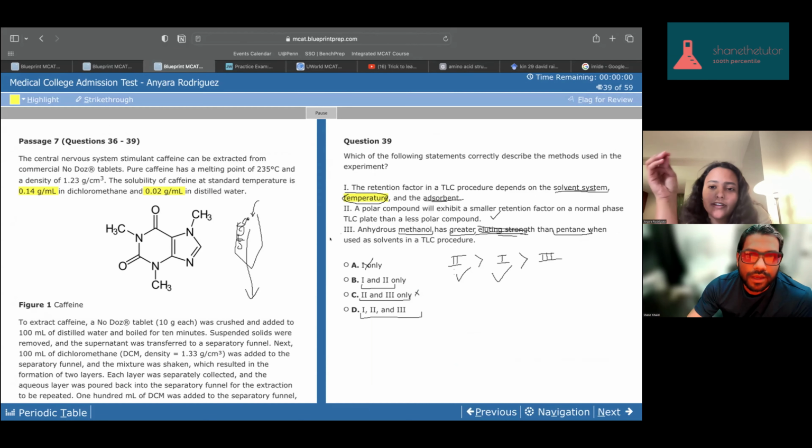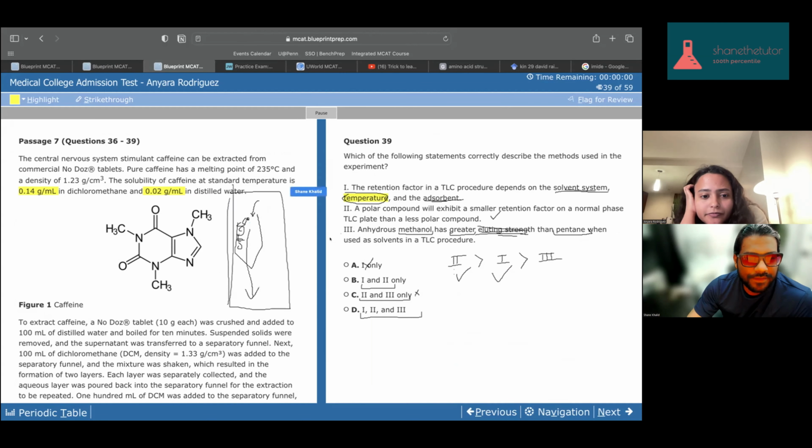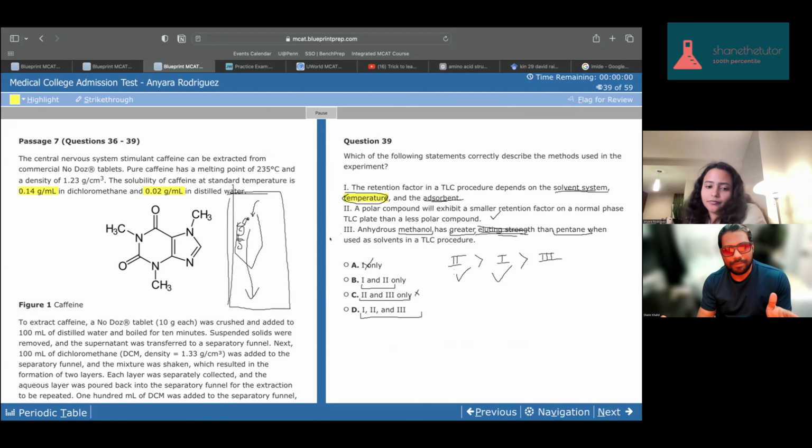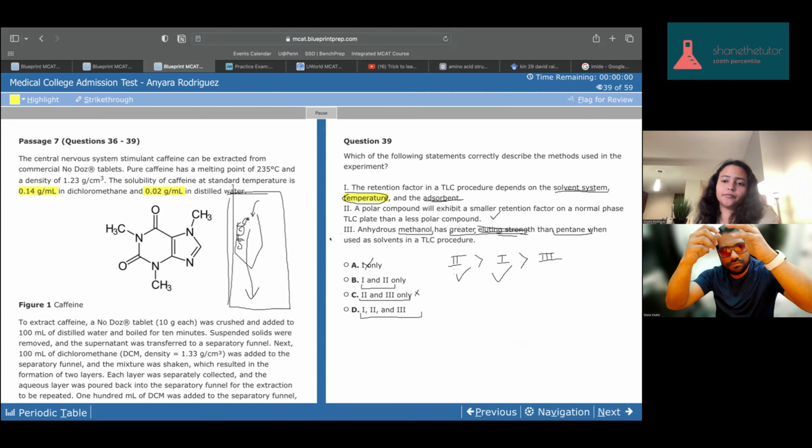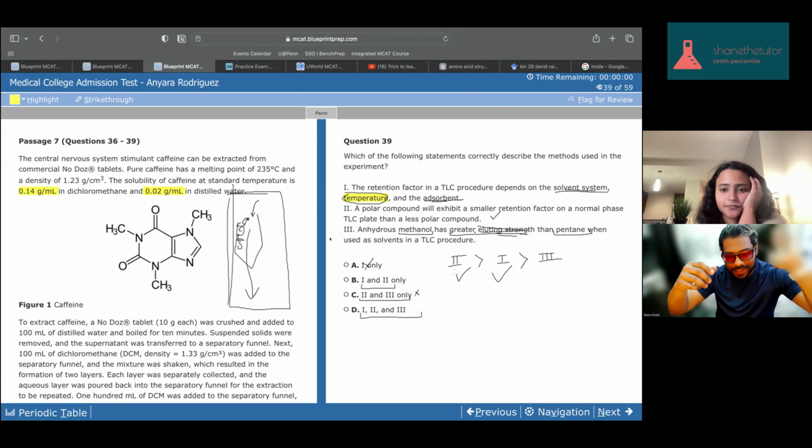So you're saying eluting strength is... Sorry. So yeah, the example that I gave is for a column type of chromatography, in which you separate them by having something attached to the stationary phase, and the stuff that's soluble in the mobile phase elutes out.